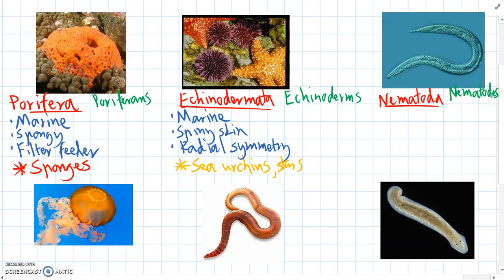Often this group is called the nematode worms because all of these animals have a worm-like body, and on top of that, they're only parasites, which means they live inside other animals. Some humans can be attacked by nematodes sometimes, and they can cause disease.